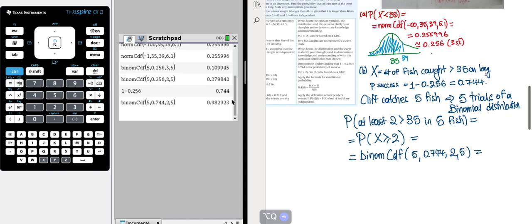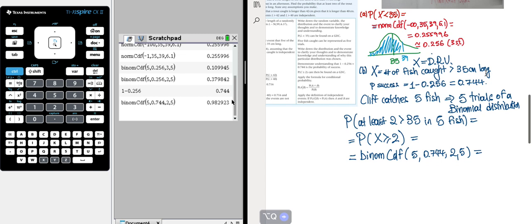centimeters long. Now, I haven't written there, and I'm going to write it now, that the variable X is a discrete random variable. And it's a discrete random variable because the way you have to think about it, when Cliff catches a fish, that is going to be either more than 35 or less than 35.